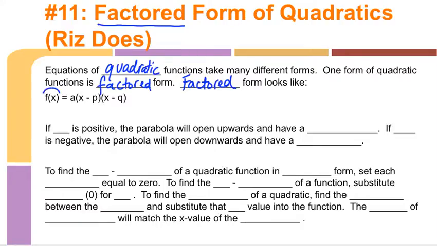We call this the function f(x) equals a multiplied by (x minus p) multiplied by (x minus q). Okay? So a, p, and q would all be different numbers.